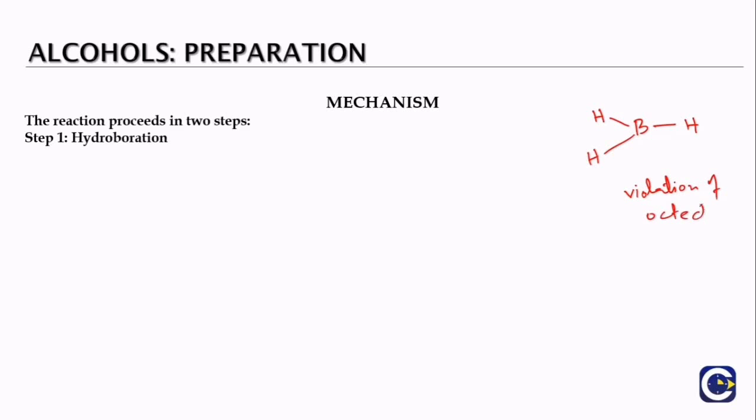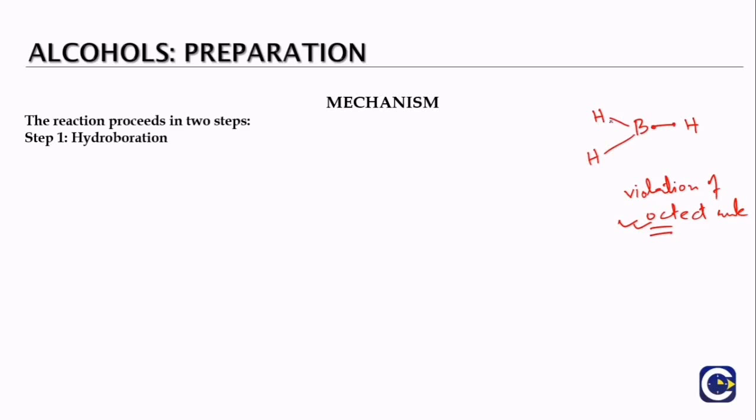According to the octet rule, a molecule or metal ion, when it combines with other atoms, tries to complete its octet, and it becomes stable only when its octet is complete. But in the case of boron hydride, it's happy only with these 6 electrons.